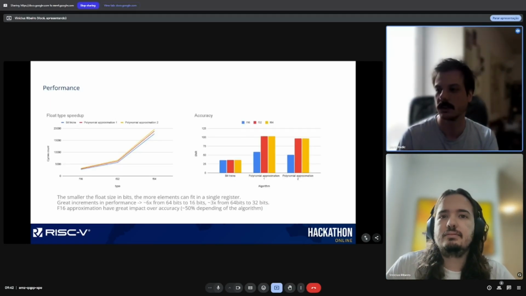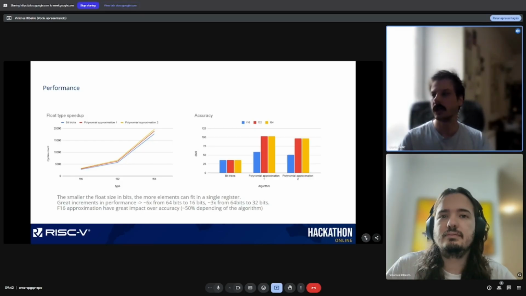Performance-wise, we saw the greatest increase in cycle counts for the 16-bit implementation. Smaller float size enables us to fit more elements into a single register, which resulted in more parallel computation. Bit shrink also contributed to the performance increase.